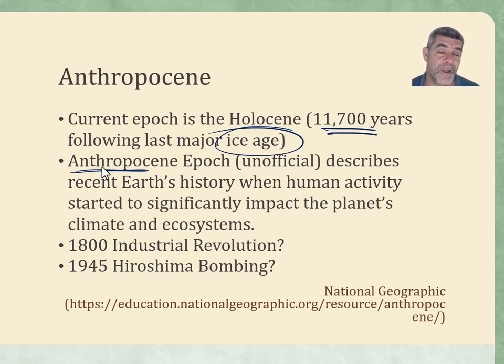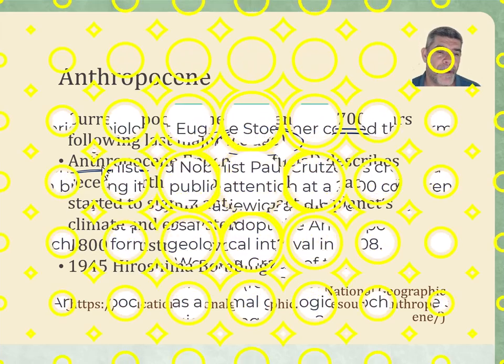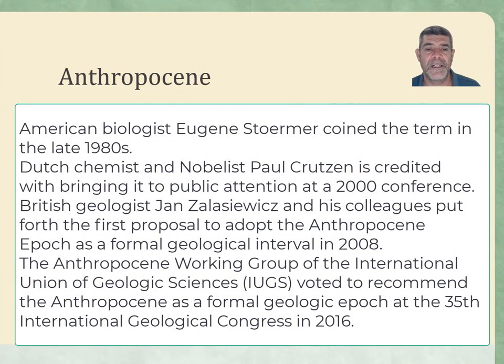But it's also a sad indictment on the fact that humans have actually had a significant role in directing the evolution of life in particularly the last 200 or so years. The problem with it is that it really describes the recent Earth history when our own activity actually started to have a significant impact on the planet's climate and its ecosystems.